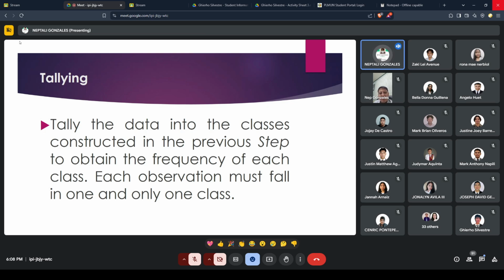Each observation must fall in one and only one class. You will have an error if you double tallied a single observation. So just make sure that each observation will only fall in one and only one class.